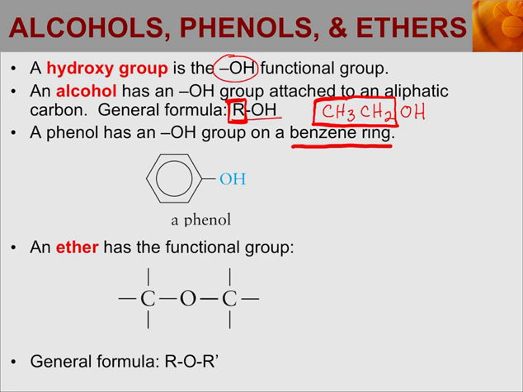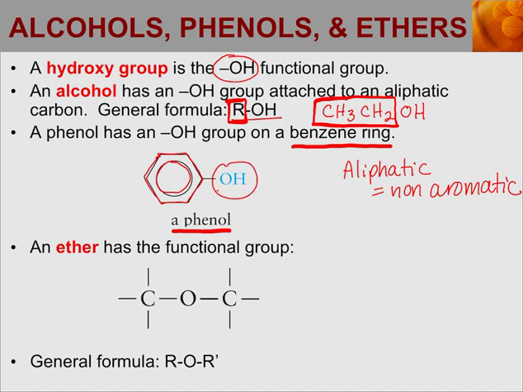So remember, aromatic compounds have alternating double bonds. Aliphatic compounds don't have alternating double bonds. So aliphatic just means non-aromatic, essentially. Okay, now if you do have a benzene ring present with an OH group attached, again, that is a phenol. So we can see our benzene ring here, and it's attached to an OH group. So we'll talk more about phenols later on.